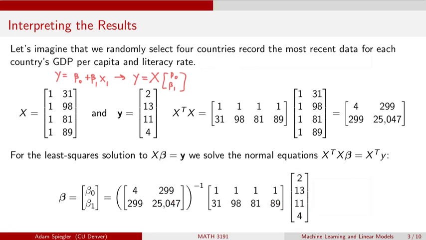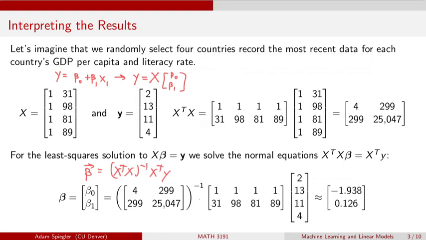Recall that in general, when we can invert this product of X transpose X, we get the solution by calculating this product of matrices and vectors. All of these calculations, by the way, I've done in a Google Colab notebook, which is linked in the description to this video, so you can play around with that notebook and double check these calculations.